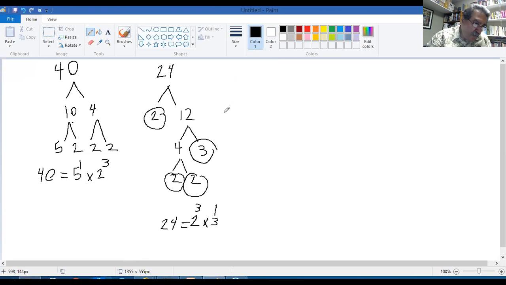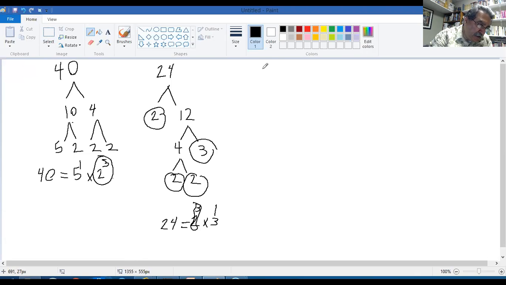Then again, you find what's common between both of them. The common factor between both of them is 2. So this here and this here are common between both of them.